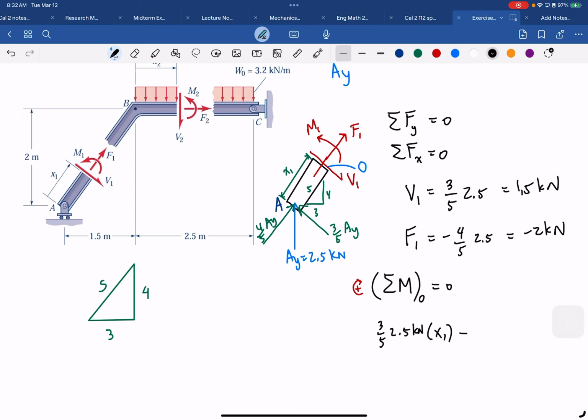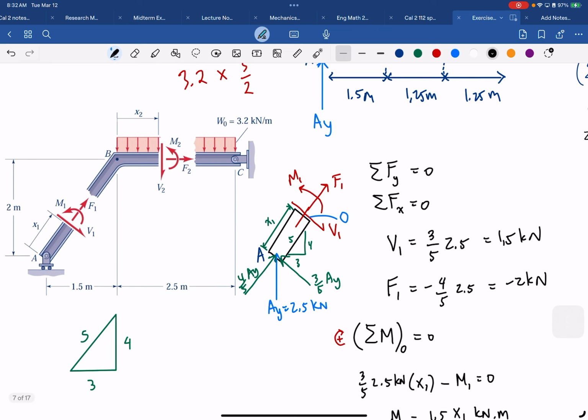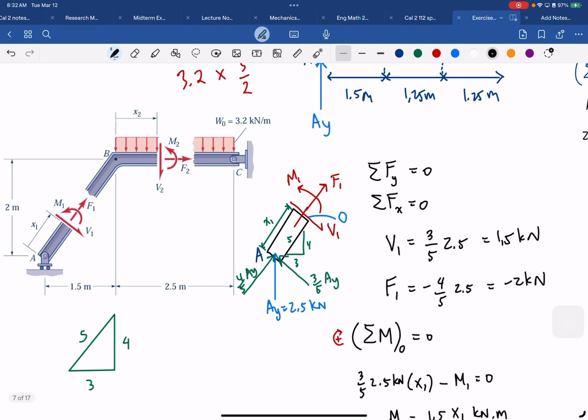And also the moment itself, the M1. So M1, we get, this will be 1.5 x1 kilonewton meter. So this is for the member AB.